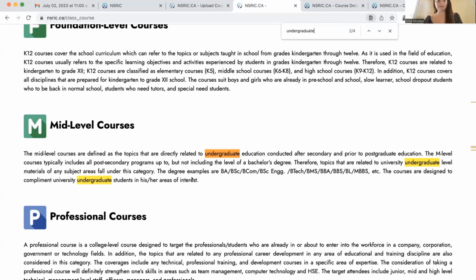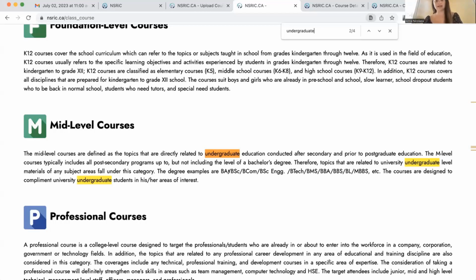Okay, the mid-level courses typically include all post-secondary programs up to, but not including, the level of bachelor's degree. Okay, so this wouldn't be bachelor's degree, but everything before a bachelor's degree that's after high school is mid-level courses. Therefore, topics that are related to university undergraduate level materials fall under this category. Okay, so anything related to that would still be here.